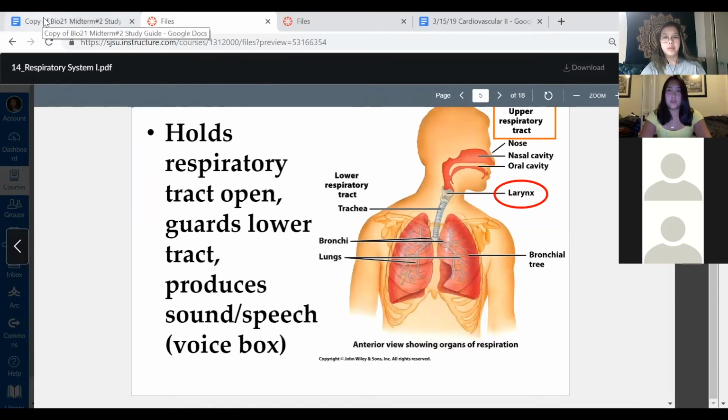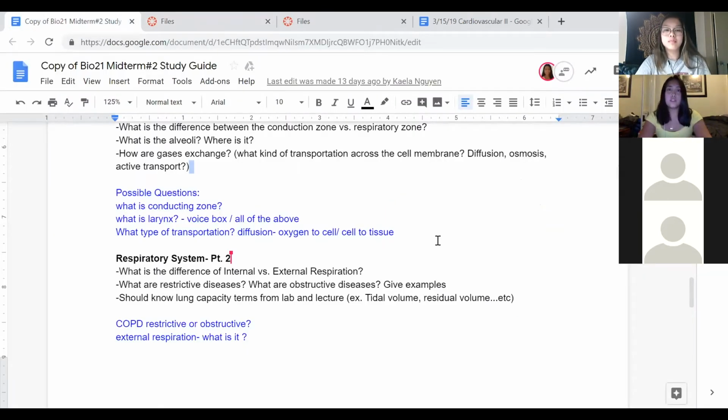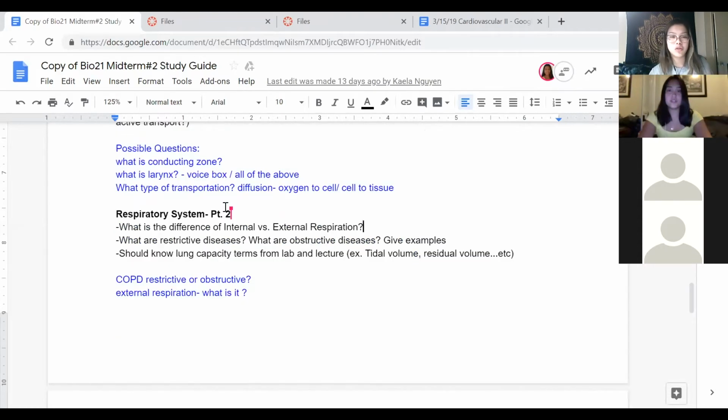Okay. All right. So, and then the last one, what type of transportation? And we said diffusion. Okay. And moving on to the second lecture for the respiratory system. So what is the difference between the internal versus external respiration?